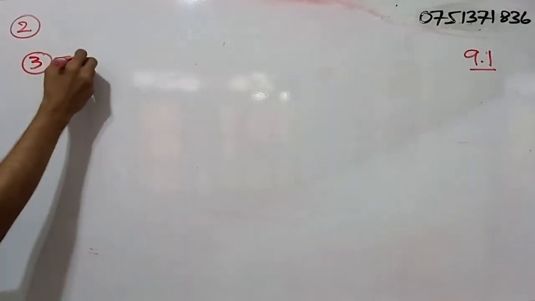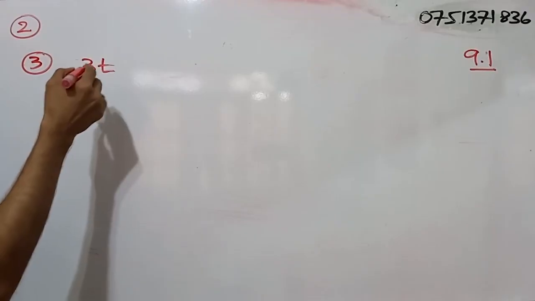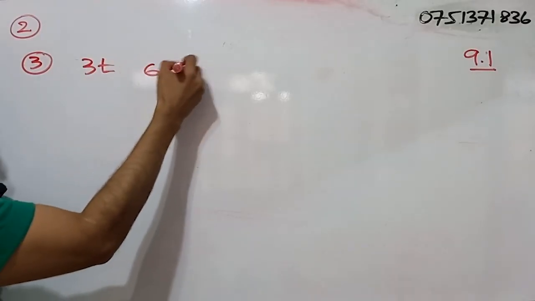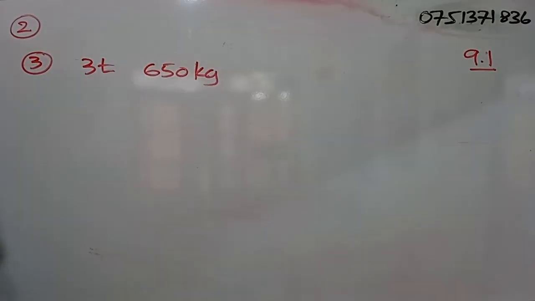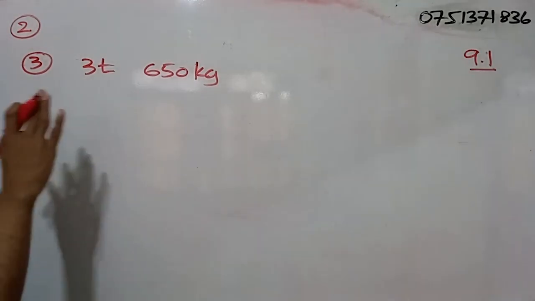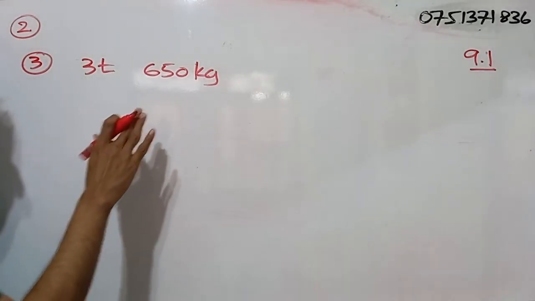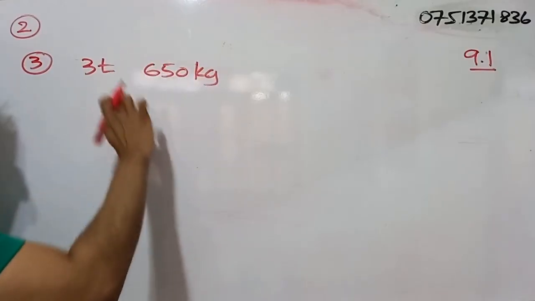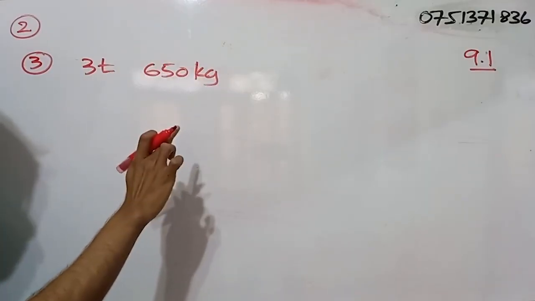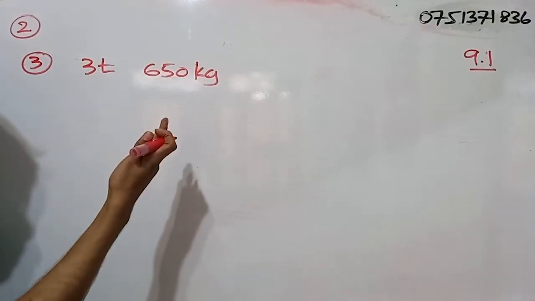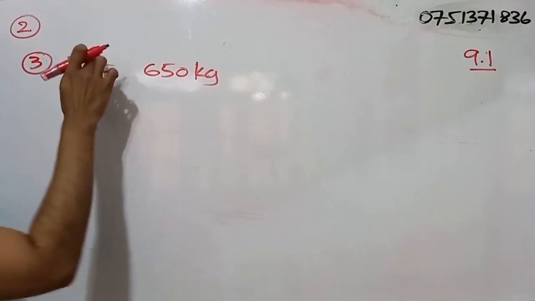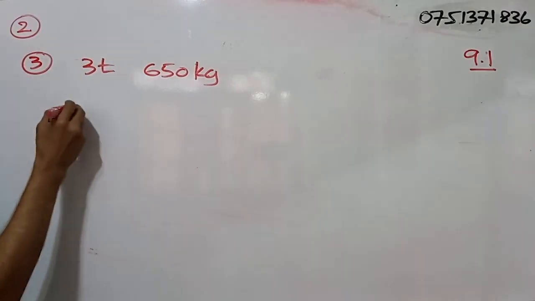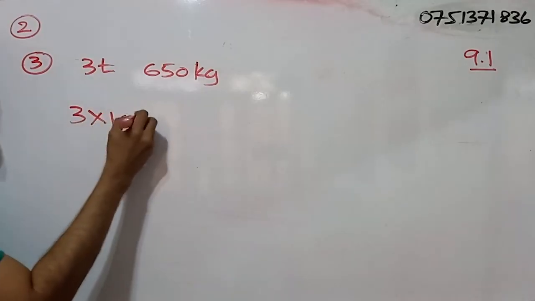Right. We have 3 tons and 650 kilograms. So here we have to convert the given amount into kilograms now. So we don't have to do any conversions to 650. Why? It is already given to us in kilograms. But we have to convert 3 tons. So 3 into 1000.